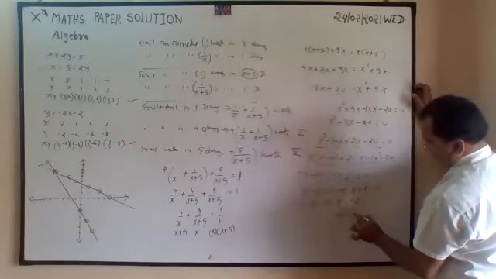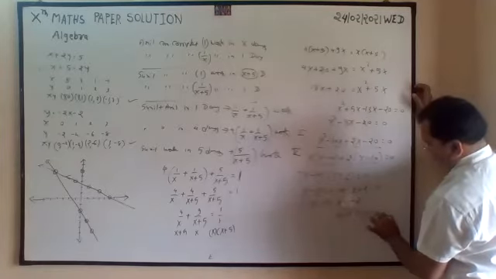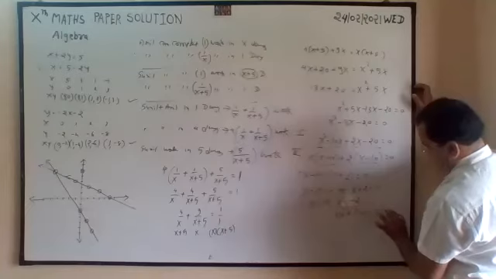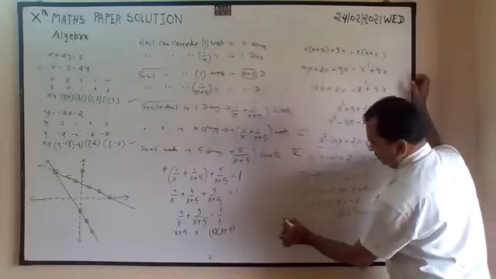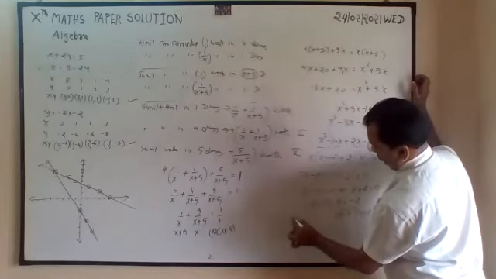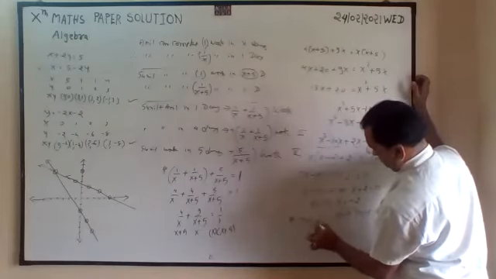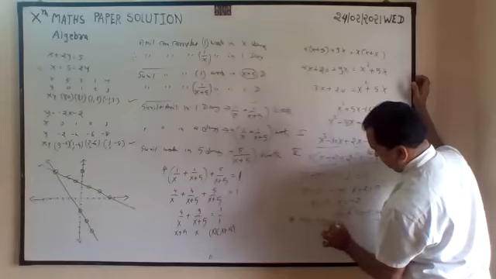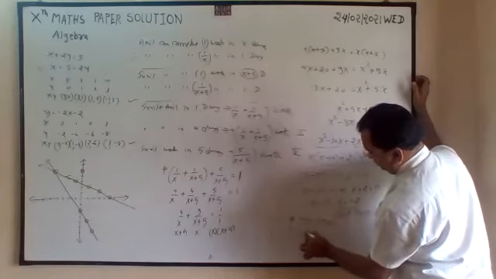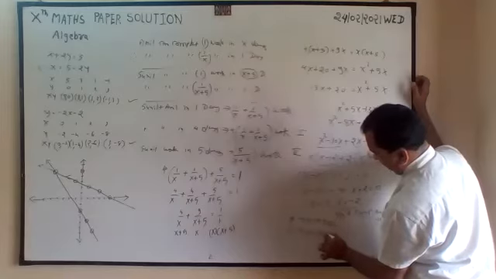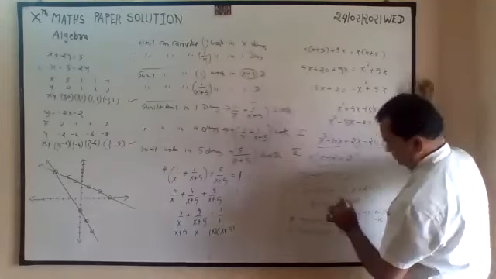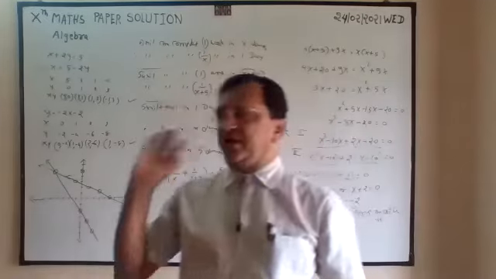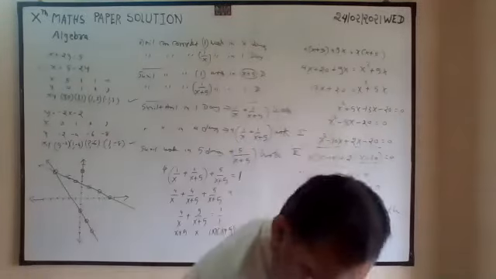A number of days cannot be negative. So for Anil, x is equal to 10 days. For Sunil, x plus 5, 10 plus 5 is equal to 15 days. 10 days and 15 days. These are the answers.